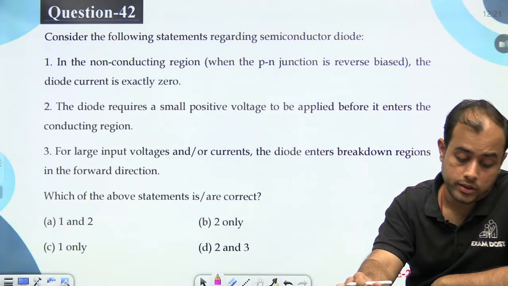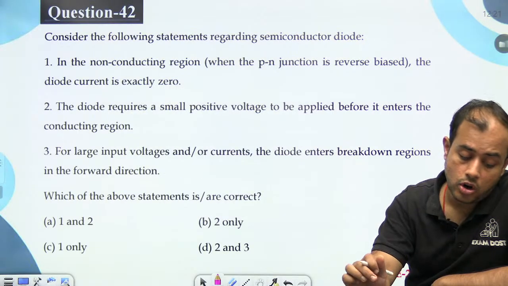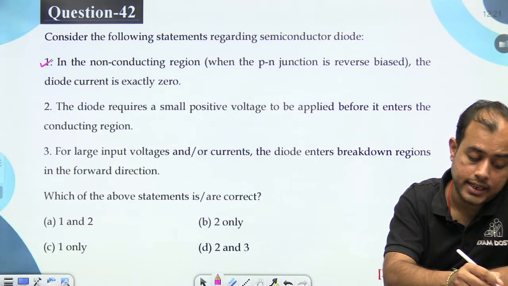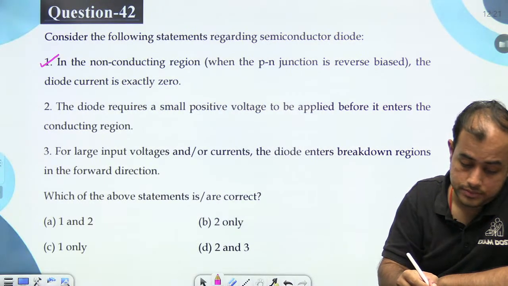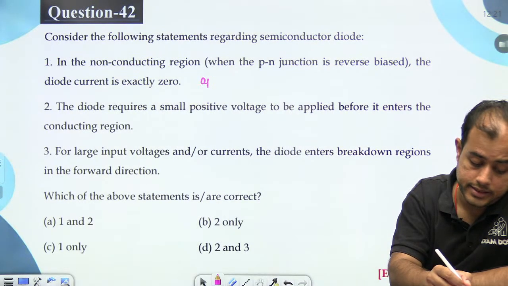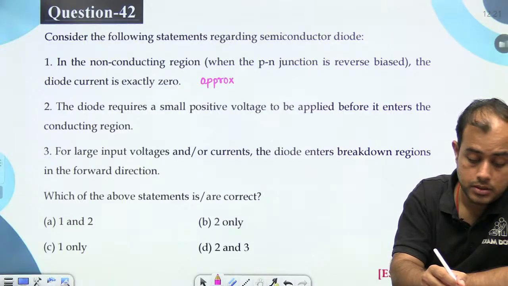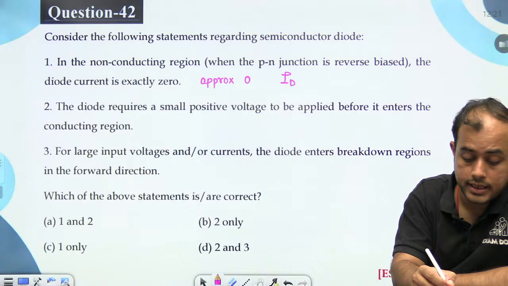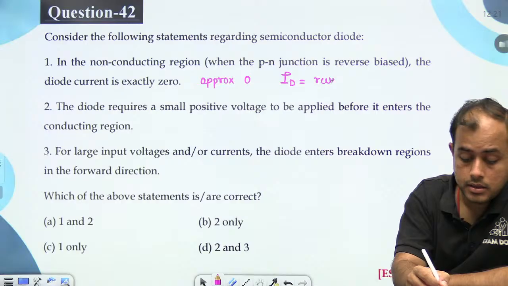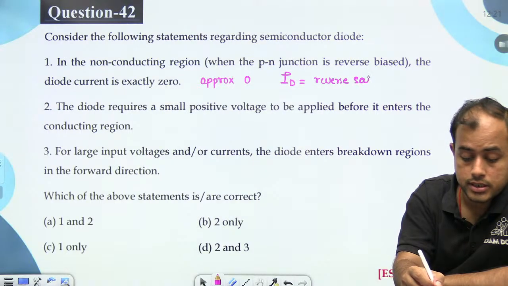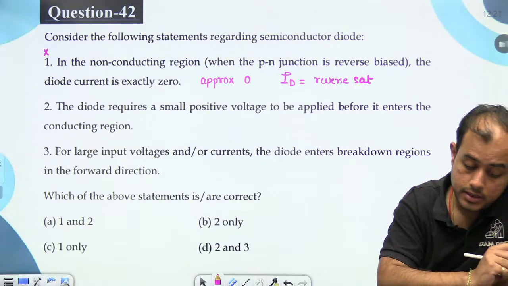ESE 24: in the non-conducting region, diode current is exactly 0, or approximately 0. Basically, diode current is equal to reverse saturation current. So this is wrong.